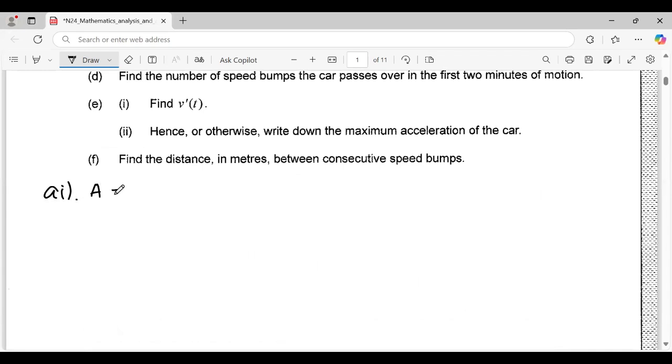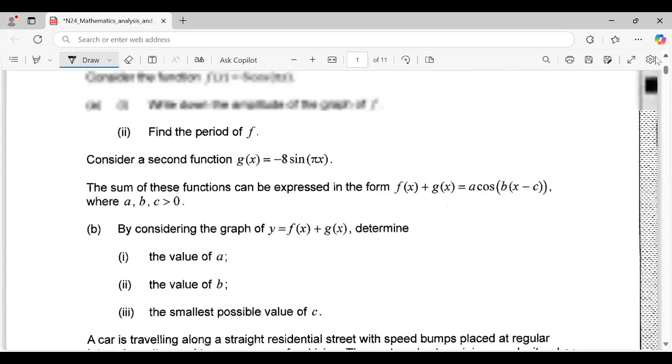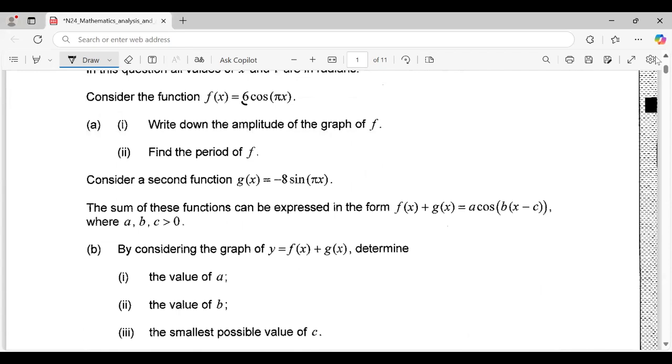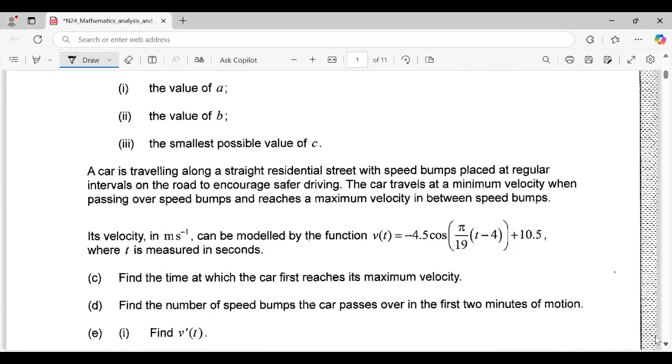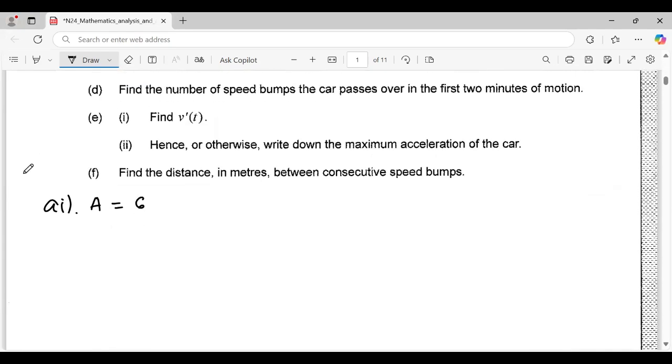So amplitude equals 6. And the next question, find the period of f. One period is 2 pi, and on that function the period is 2 pi over pi, equal to 2.